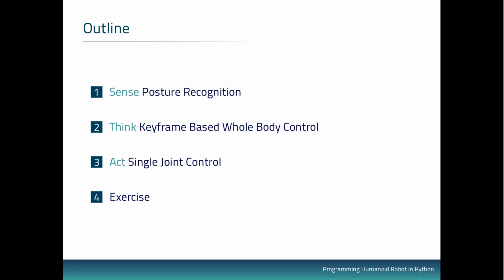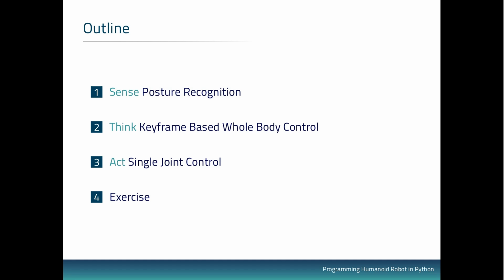This belongs to think. And last is action, which is the single joint control. That means it takes the planned motion path to be executed by low-level control. In the end, you have to program all these three parts in your exercises.